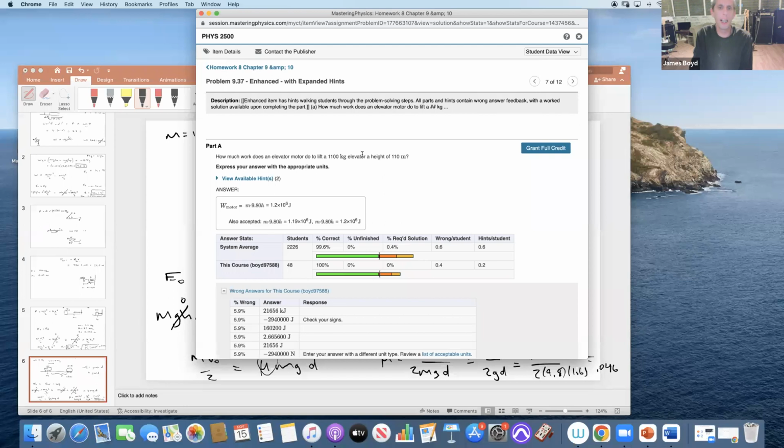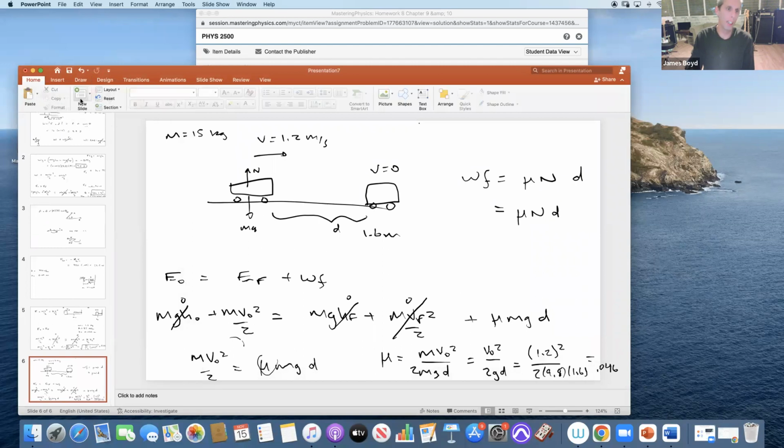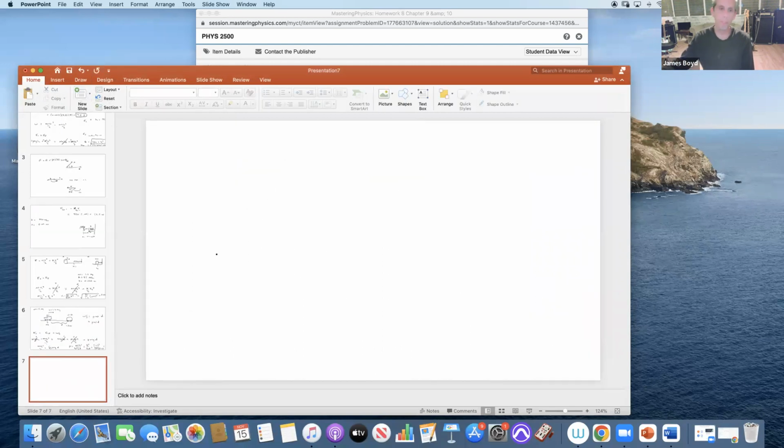How much work does an elevator motor do to lift a 1,100 kilogram elevator a height of 110 meters? Now, the work done by the motor on the elevator has to lift it from mgh initial to mgh final.